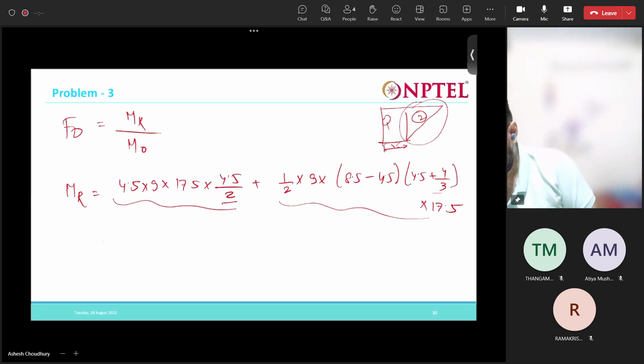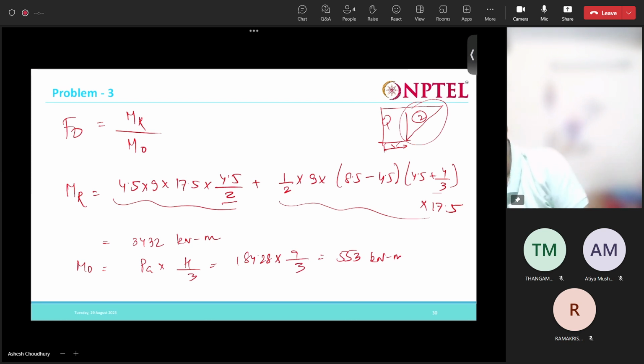So the total resisting moment comes out as this, and the overturning moment is PA into H by 3. Then the factor of safety in overturning.